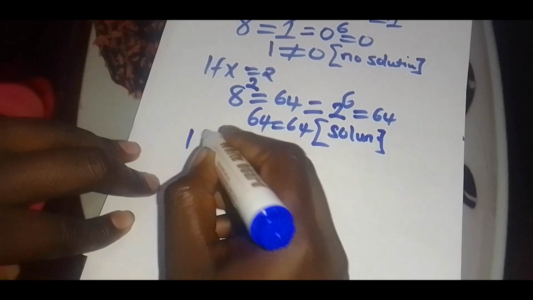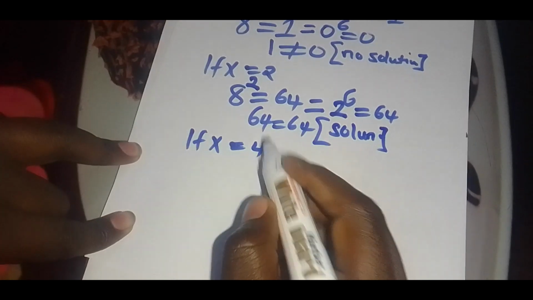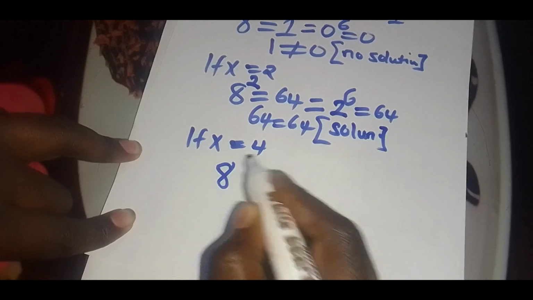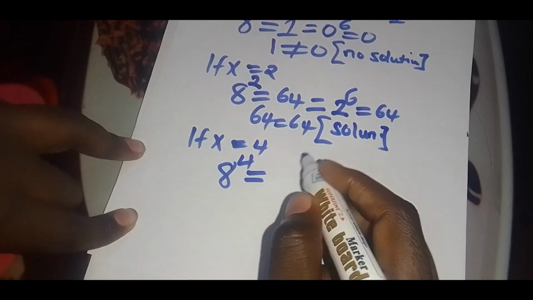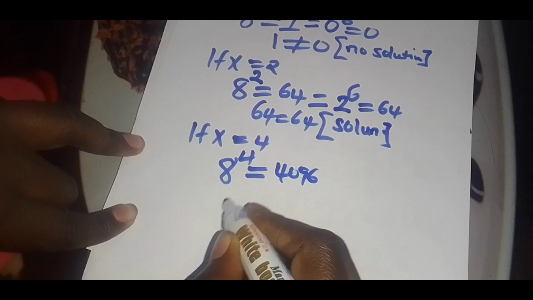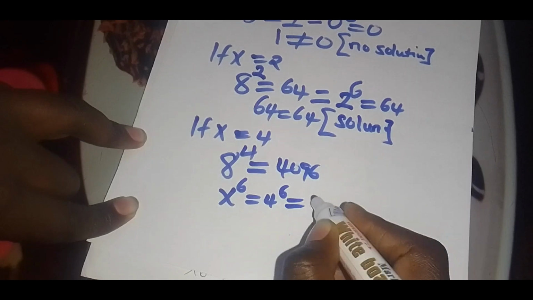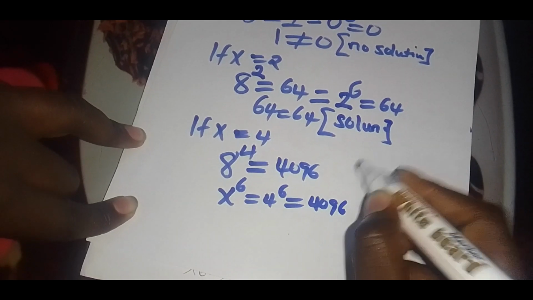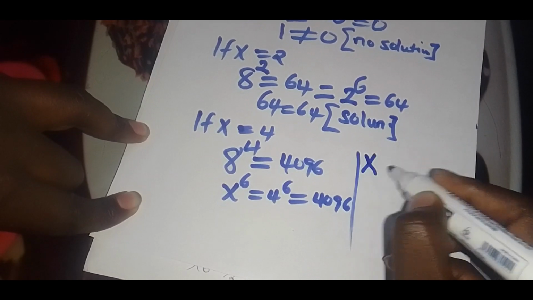And let's get if x is equal to 4. That means we're going to have 8 raised to power 4, which is equal to 4096, and x raised to the power 6, which is 4 raised to the power 6, is equal to 4096. So again we have a solution.